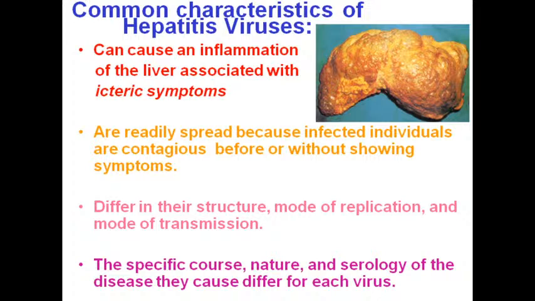I hope you know already that the icteric stage is the liver damage and release of liver enzymes and bilirubin into the bloodstream. It is usually accompanied with discoloration of the skin, mucous membranes, and the eyes, and these are the signs of jaundice.